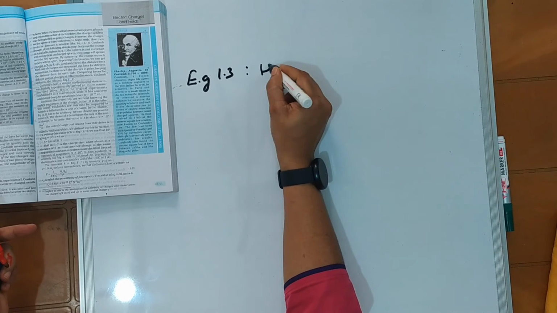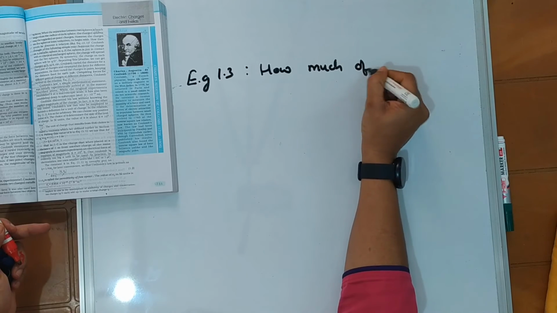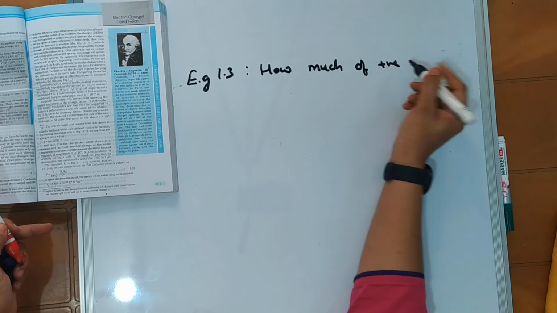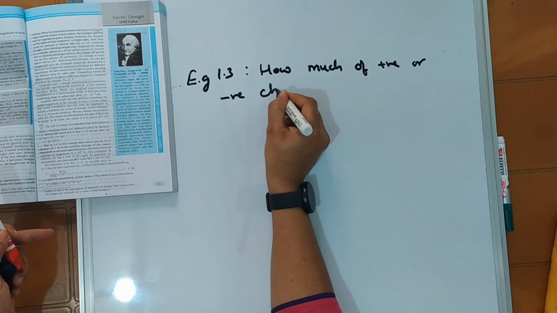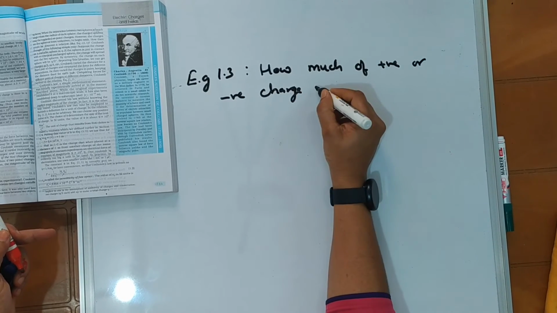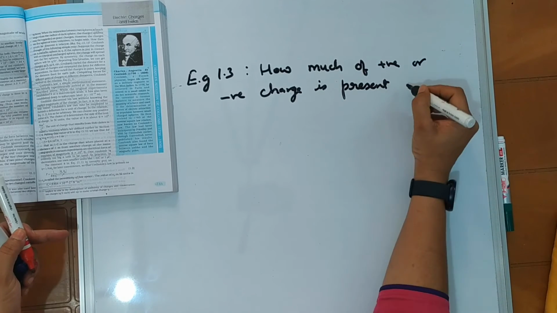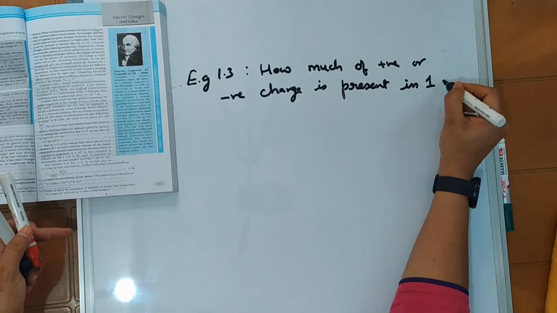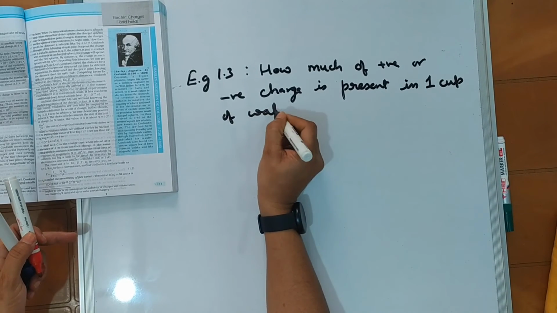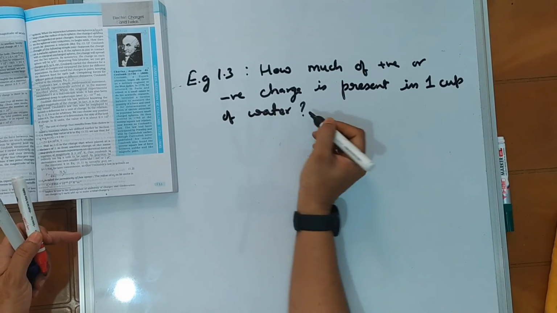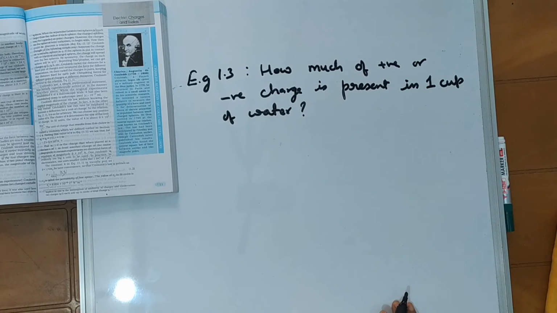The question is, how much positive or negative charge is present in 1 cup of water? Water is electrically neutral, but how much positive and negative charge is present in 1 cup of water?